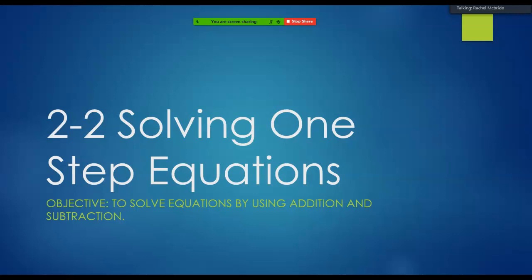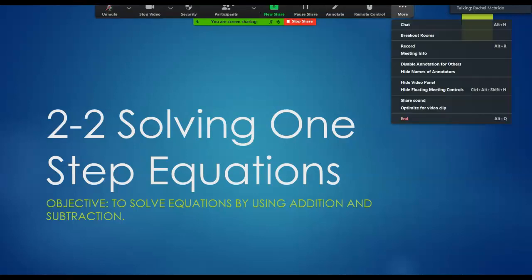In the beginning of Chapter 2, we just talked about writing equations. Now what we're going to do is take those written equations and solve them. So for today and tomorrow, our solving is going to focus primarily on adding and subtracting.